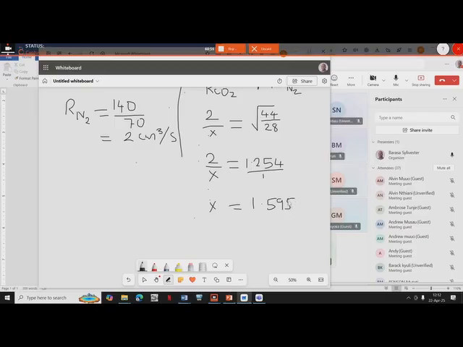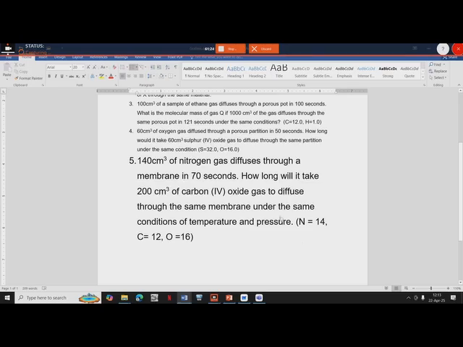You are right. 1.5. Cyrus? 1.595. Very good. So what is this? Cyrus, this value is for what now? The rate of diffusion, very well, the rate of diffusion of carbon dioxide.